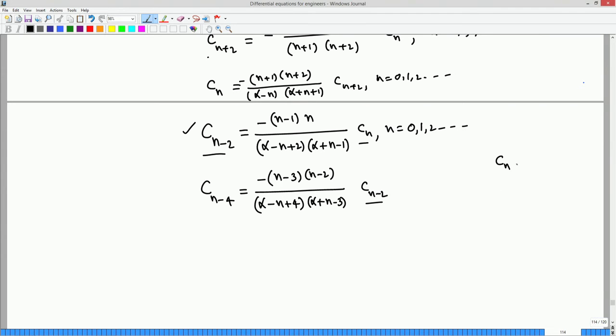So, you can get Cn minus 4 in terms of Cn, like that you can get, okay. So, once you substitute all this, if n is even, you can get C0, C2, C4 up to Cn minus 2, all these things in terms of Cn. If n is odd, you can get C1, C3, C5 up to Cn minus 2, okay.